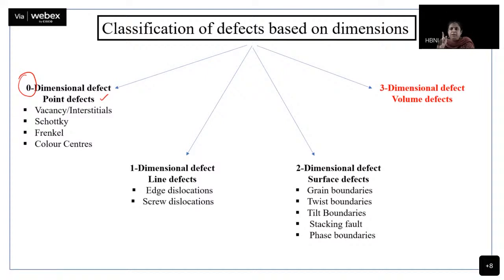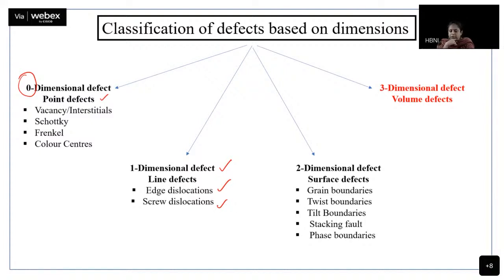Similarly, as the name suggests, a one-dimensional defect is a linear arrangement of point defects, or defects that extend in one direction. They're called line defects, and there are primarily two kinds of line defect: edge dislocation and screw dislocation. And what are they?